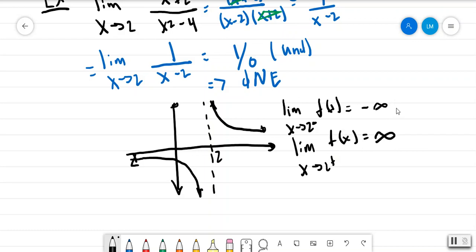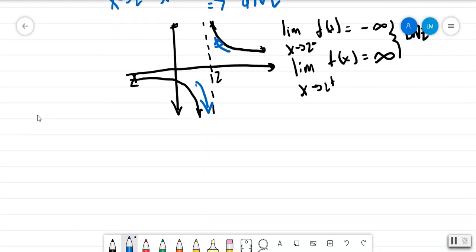By this logic, this doesn't tell us exactly where it goes in terms of the behavior, but because these two are different from each other, that's enough to say it does not exist. So as you go through the process of limits at infinity, just look at the behavior of the function, like where does it go? Here I have that it's just decreasing, and over here it's just increasing. So in this case, the limit cannot exist.